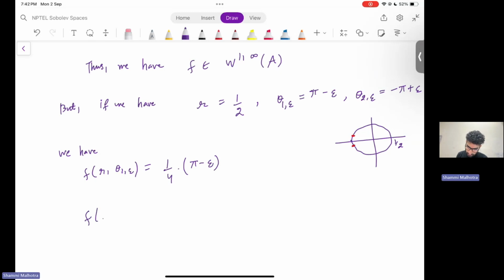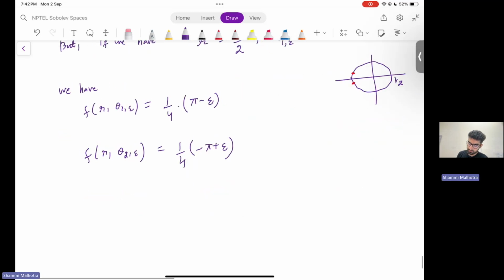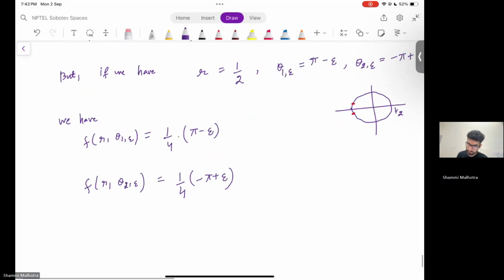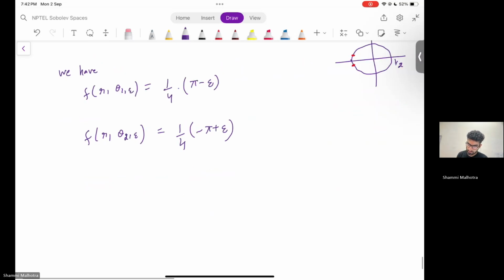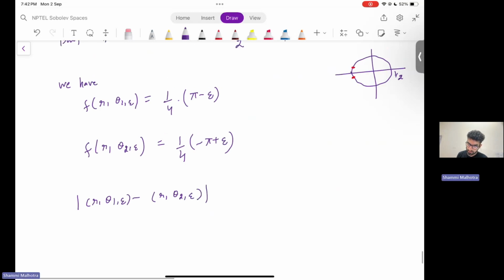And f of r, theta 2 epsilon is 1 upon 4 times minus pi plus epsilon. And we note that the difference between the points (r, theta 1 epsilon) and (r, theta 2 epsilon) actually tends to 0 as epsilon tends to 0.